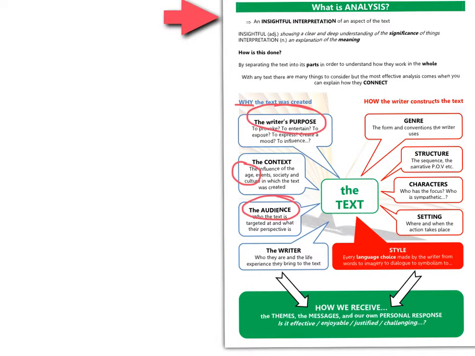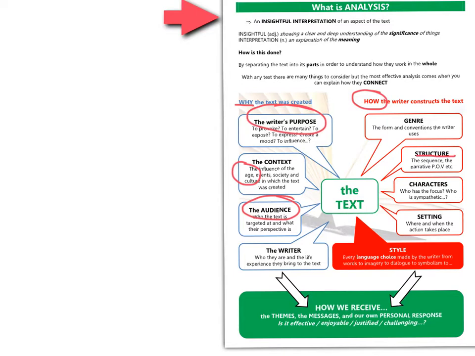Then you want to look at how the text was created. For example, how is the text structured? How is it organised? If you take a Shakespearean play, for example, it's always organised in a particular way with 5 acts. The structure begins with an introduction and ends up with a climax in the middle and leads on to a catastrophe.